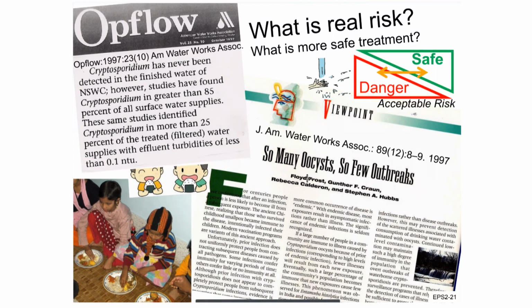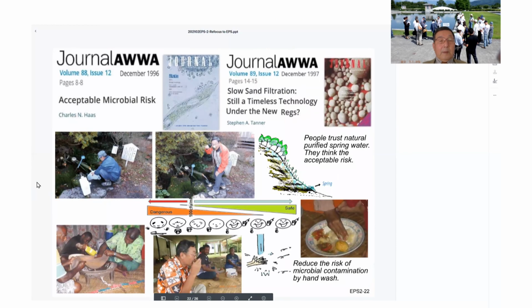And another report noted there were so few outbreaks. And in the Journal of the AWWA in 1996, it accepted the microbial risk: slow sand filters are still a timeless technology, with a new layer.